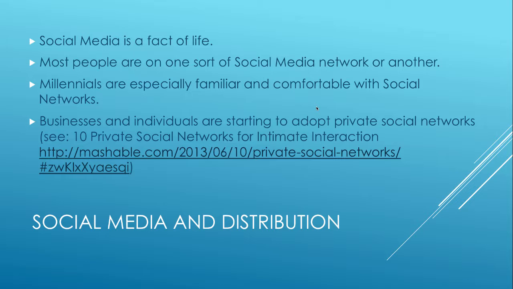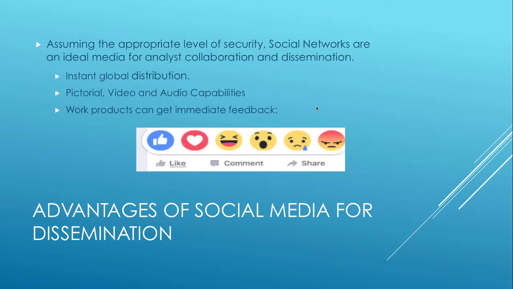There is also a trend, initial trend, whereby businesses are starting to adopt private social networks. And if we look at private social networks for intelligence purposes, particularly dissemination, social media can provide the kind and depth of feedback on the intelligence work product that has never been possible before.